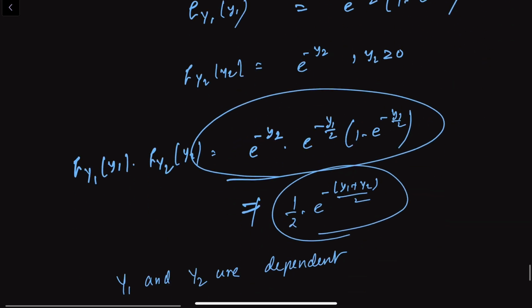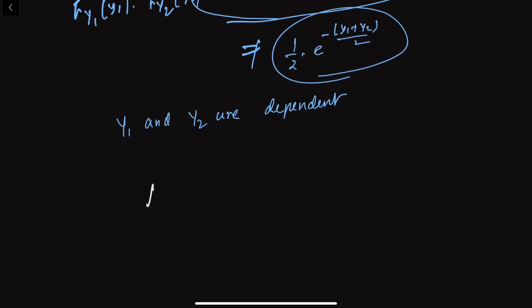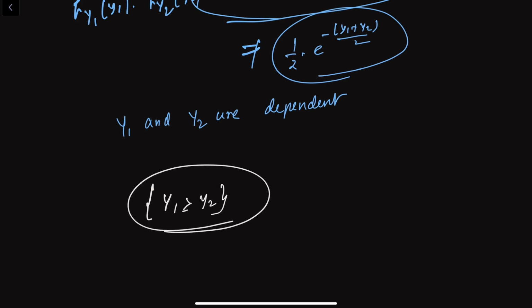Or we can also clearly see the domain there. If we remember, we got a triangular support, so y1 is greater than or equal to y2. So that means these both are dependent. So we can clearly see the variables are also dependent. So that's another indication of the dependence.